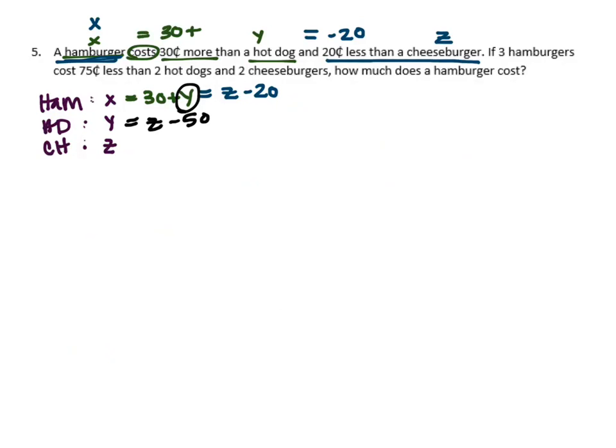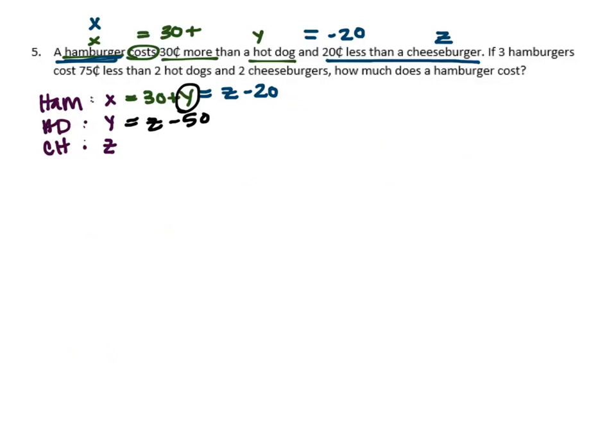You can either do that intuitively or the mathematical way of solving for y. From here, I can substitute that in when I get all these pieces organized. The next step, I still have another sentence to translate.